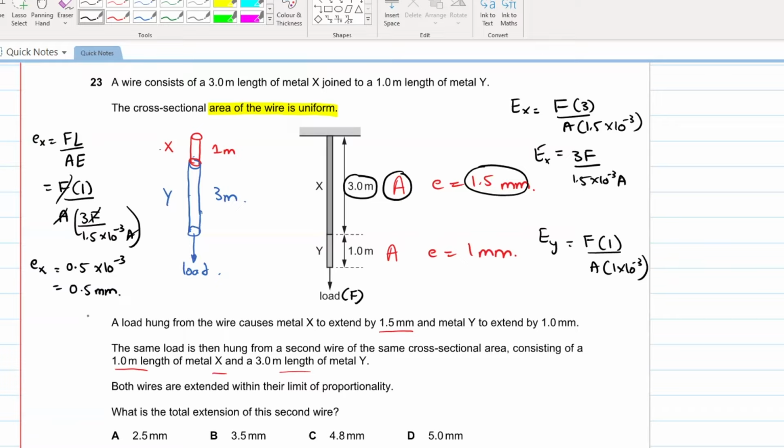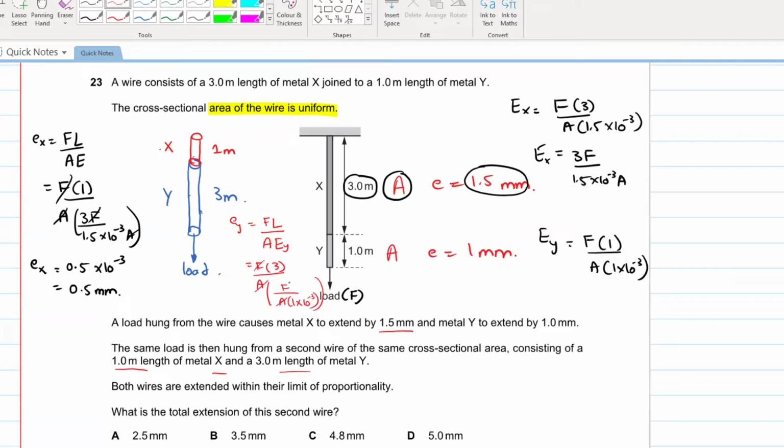Let's do the same for the extension of Y. Now I have very little space here. I hope I can do it. Extension of Y is equal to FL over A E Y. Your force is F. Your length is 3. Your area is A. Your Young's modulus of Y is F over area into 1 into 10 raised to the power of minus 3.